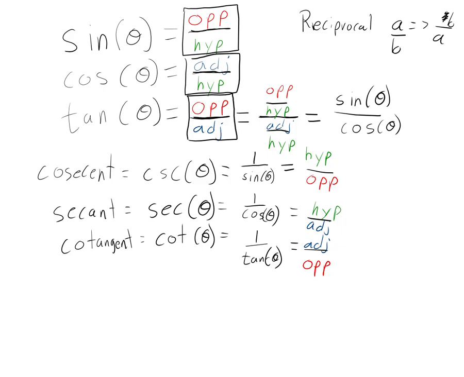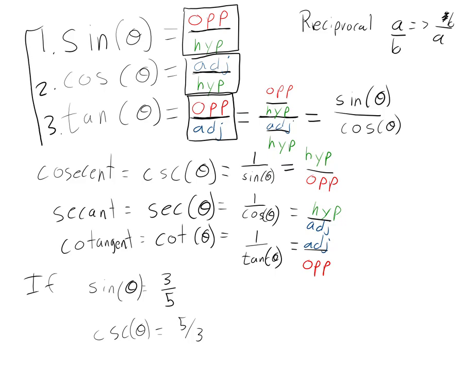So, real quick, if sine of theta was, in our previous case, 3 over 5, what does that make cosecant theta? Well, it's just the reciprocal. It's going to be 5/3. So most of the time, we're going to talk about these things in terms of these 3 beginning basic trigonometric terms.